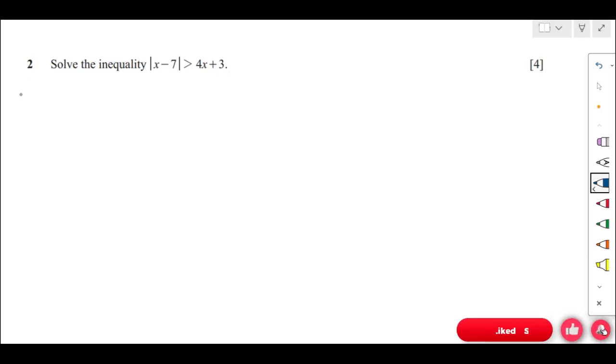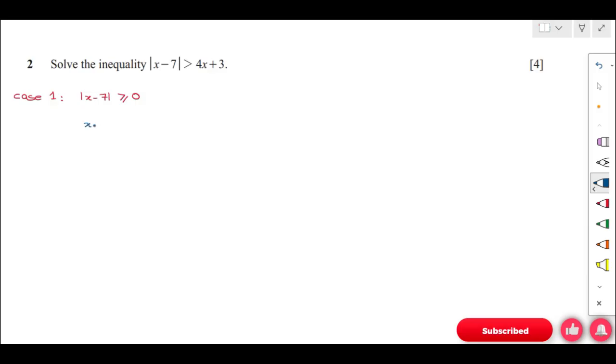Okay, so here we have to consider two cases. So the first case, okay, we can say case 1. In case 1, we let the absolute value of x minus 7 be greater than or equal to 0.